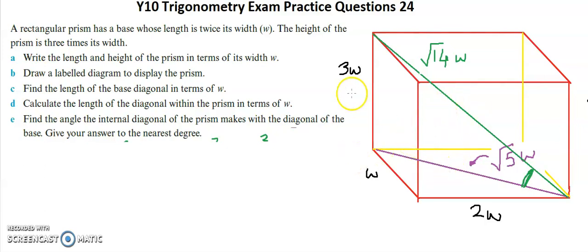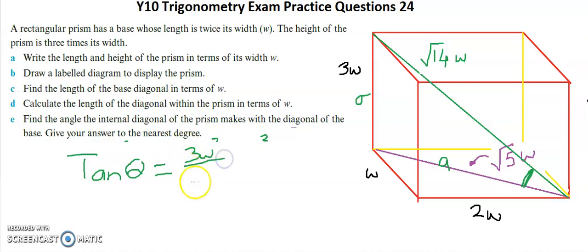Straight away I'm going to use the opposite, and I'm going to use my adjacent, which I found before, as square root 5w. That means I'm using the tan ratio. So my tan alpha, my tan angle, is equal to the opposite, which is 3w, over the square root of 5w. As we know with dividing, the w's cancel out.